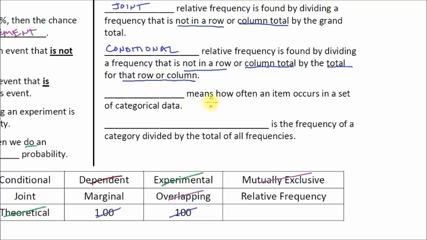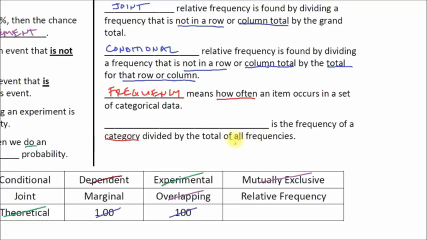Last two. Blank means how often an item occurs in a set of categorical data. Okay, so this is how often something occurs or how many times it happens, and we've learned that that means frequency, or that the word that describes that is the frequency of something happening. And then blank is the frequency of a category divided by the total of all frequencies.